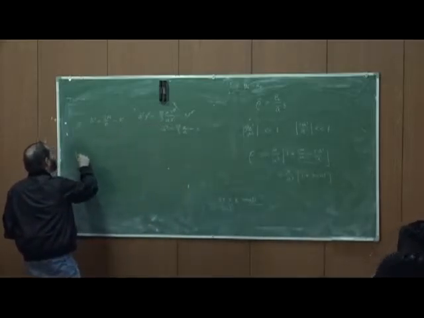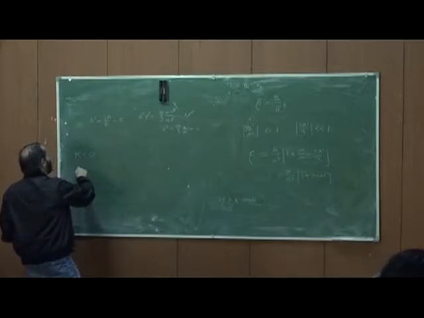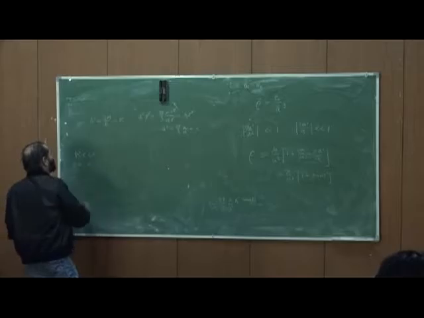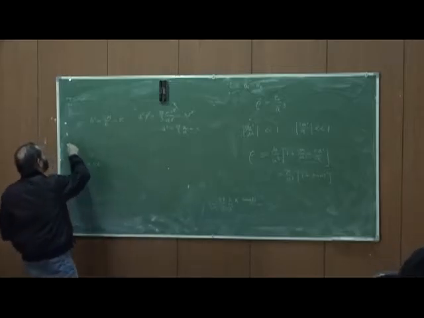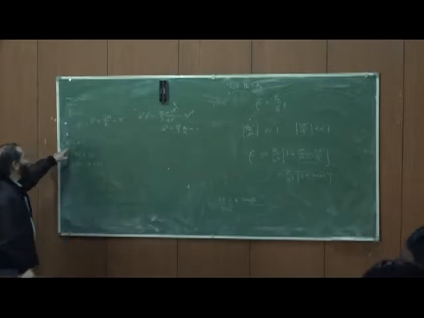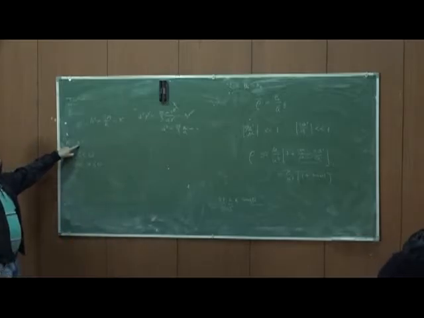Now, we have this equation. Let's take the case of negative k. Negative k is the same as negative kappa, because k is simply kappa times r squared. So the sign of k is the sign of kappa.